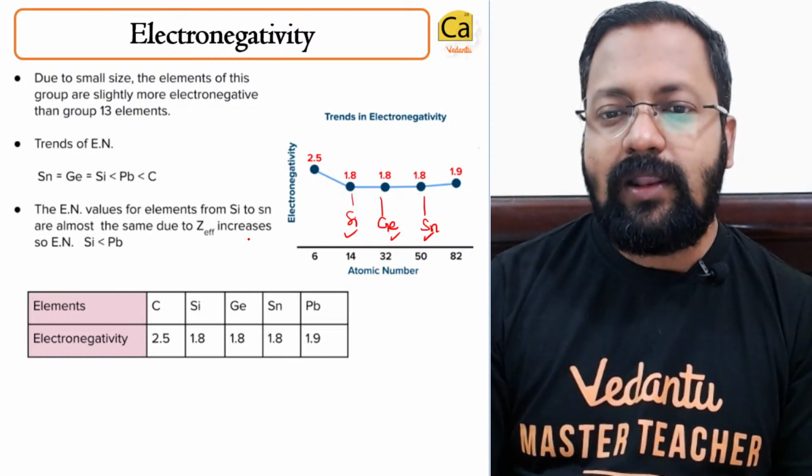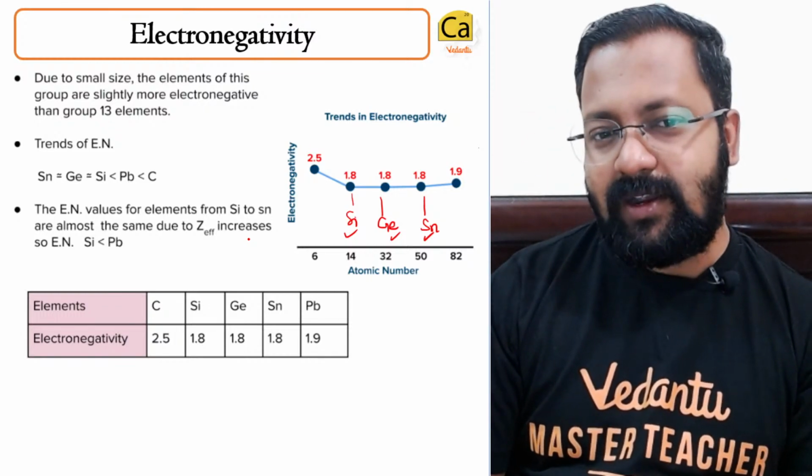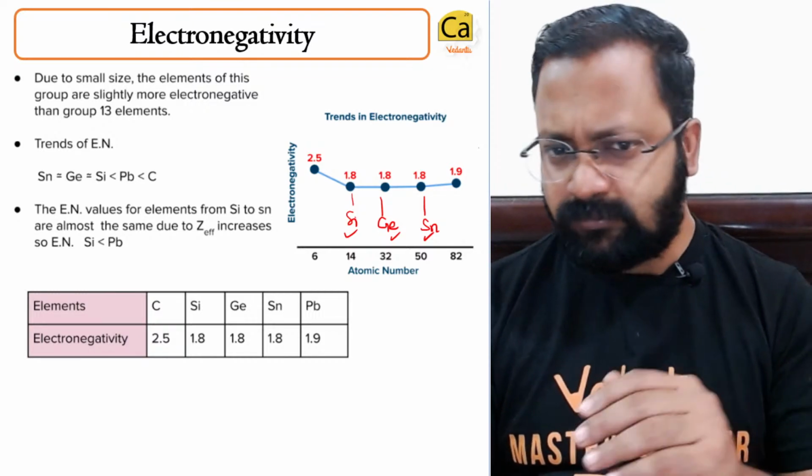Okay, lead has slightly higher electronegativity. It's an aberration to the usual trend.